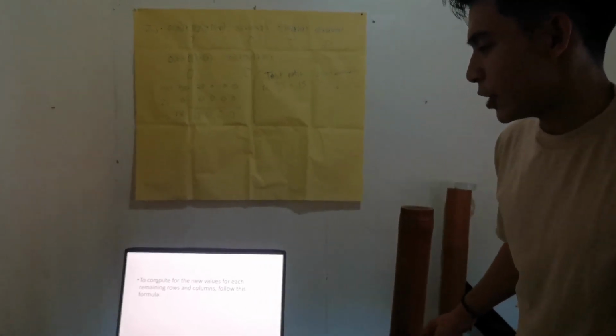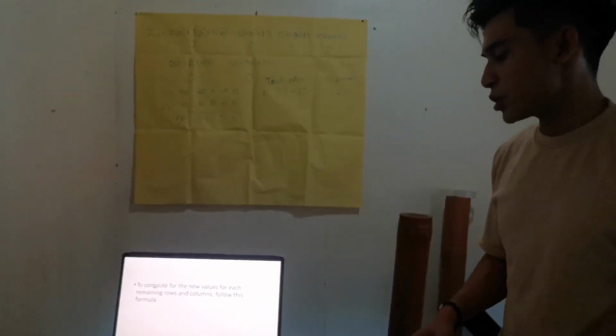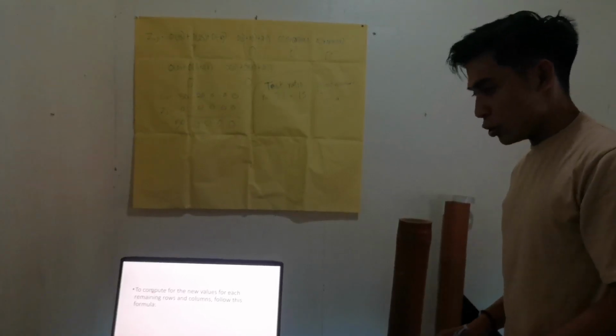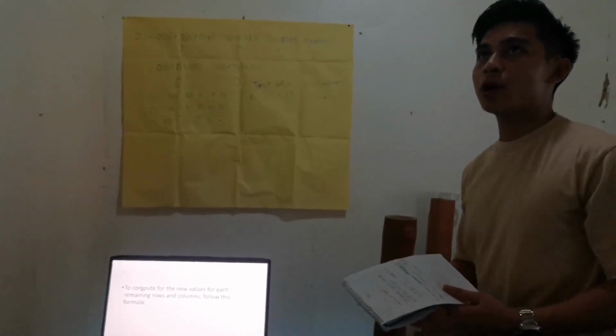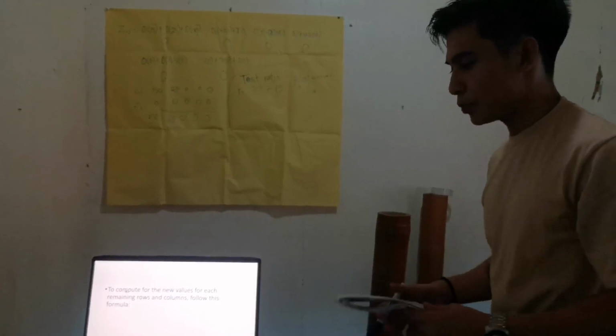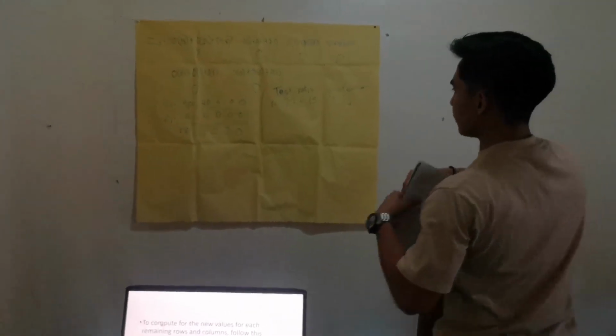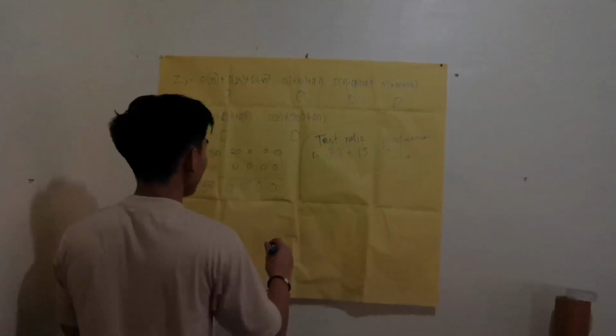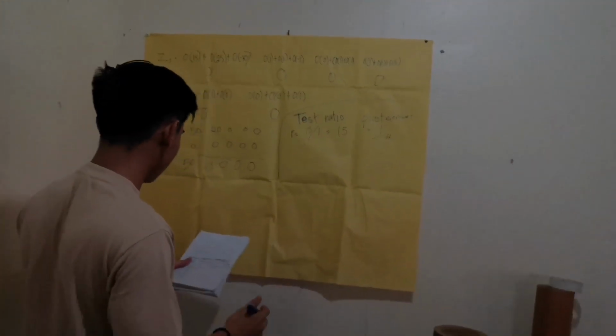Since na-change natin itong S sub 1, to compute for the new values for each remaining rows and columns, follow this formula. So, if we change the S sub 1, we need to change the other rows then. To change that, meron tayong formula.